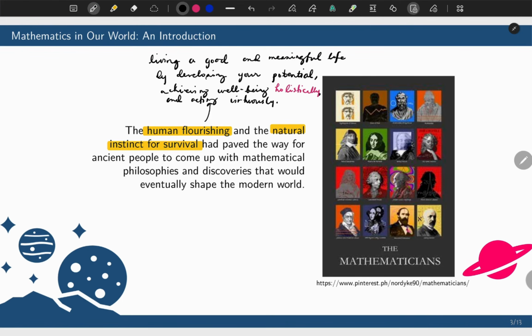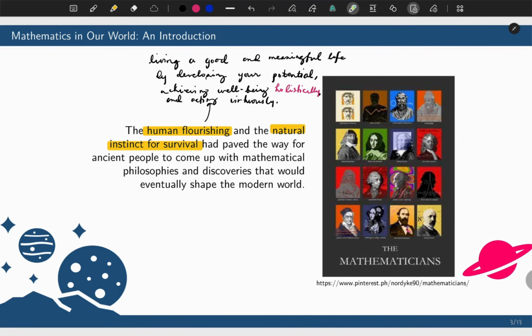Human flourishing is living a good and meaningful life by developing your potential, achieving well-being holistically, and acting virtuously. If you have taken the course Science, Technology, and Society, you must be familiar with the Greek term eudaimonia, which is connected to human flourishing.